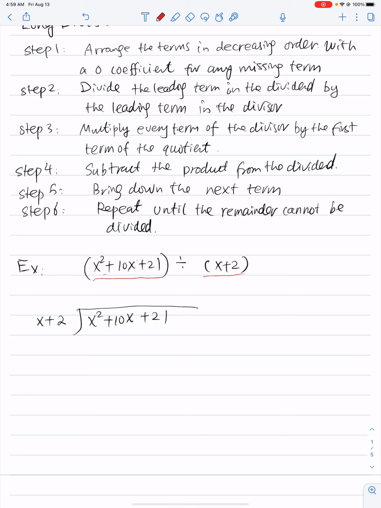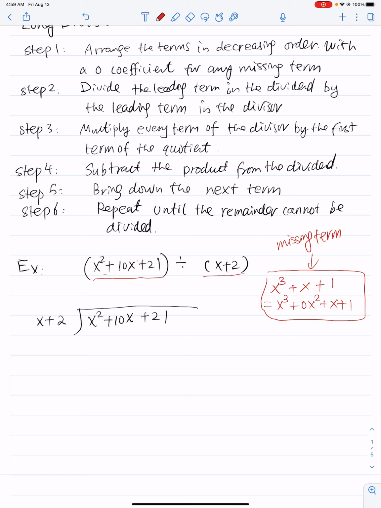Perfect here, perfect here. Do we have any missing term? For example, if you have x cubed plus x plus 1, what do we miss here? You have x cubed plus 0x squared plus x plus 1. Okay, so this is an example of a missing term.